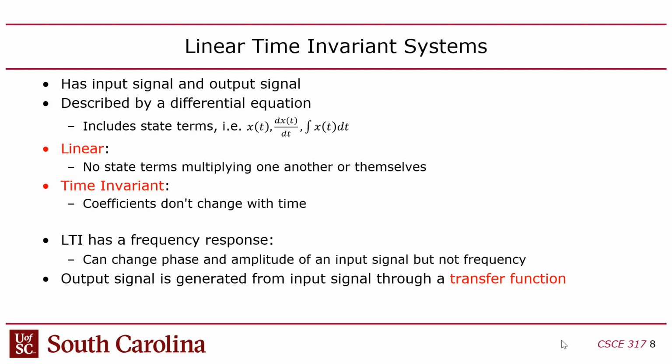So if you put an input signal in, the LTI can have an output that changes the phase or the amplitude, but not the frequency, right? The output frequencies will be the same as the input frequencies. It changes just the amplitude and the phase, right? So if a system is linear and time invariant, then it's an LTI.